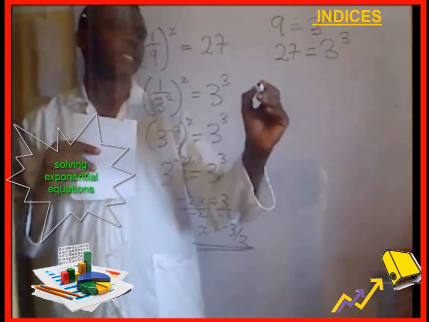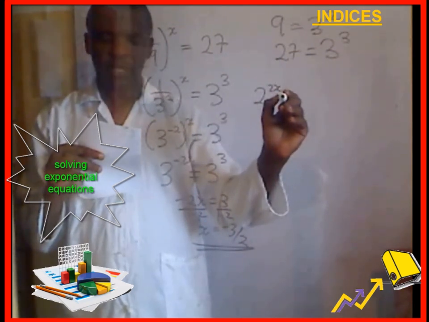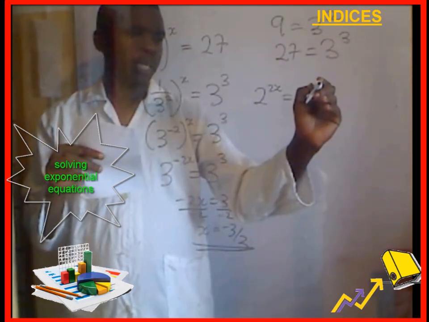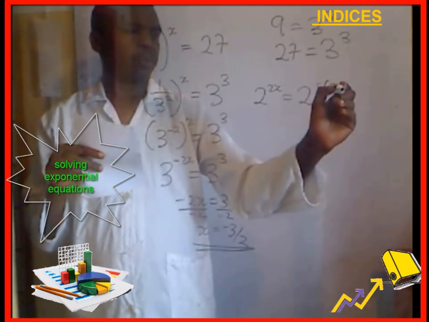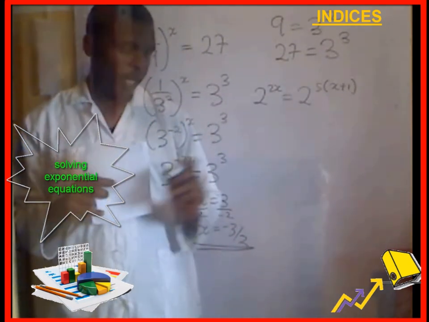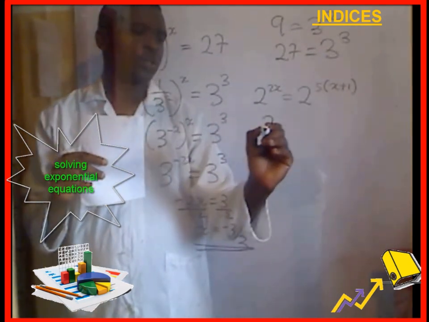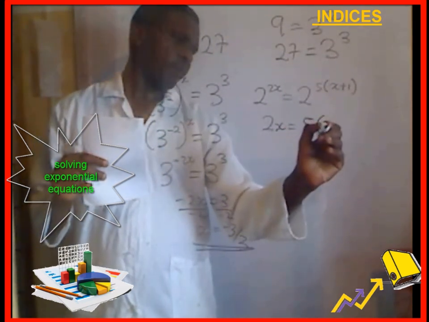Let's look at this one here. 2 raised to the power 2x is equal to 2 raised to the power 5 times x plus 1. The base there is the same, so I equate powers. I have 2x is equal to 5 times x plus 1.